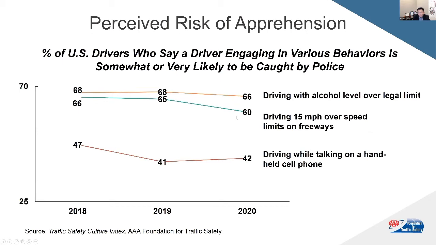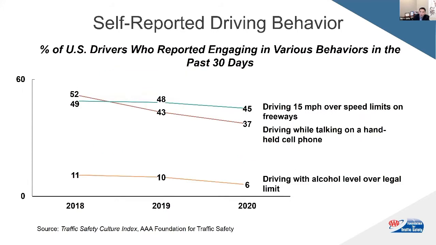However, look at this number related to speeding, driving over 15 miles per hour over the speed limit on the freeway. People thought they had a lower chance of getting caught in 2020 versus 2018 and 2019. So I think that's an interesting observation, and I want you to keep that in mind as we move on to the next slide.